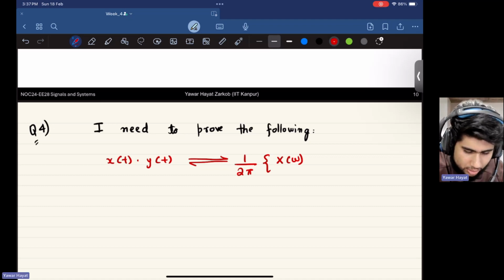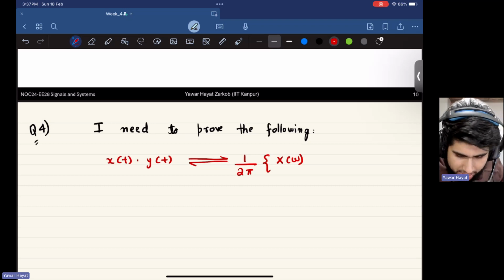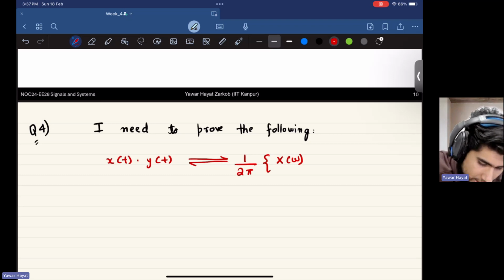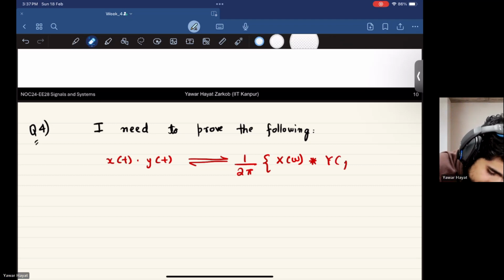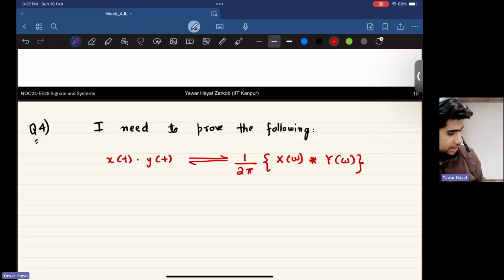Throughout this session and all other sessions, I'll be using X of omega instead of X of j omega, just for notation simplicity. This is what I need to prove.